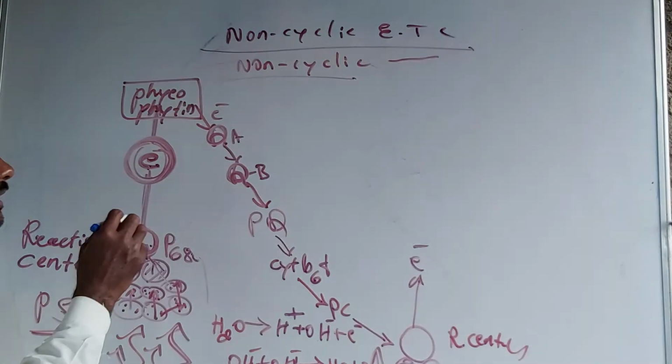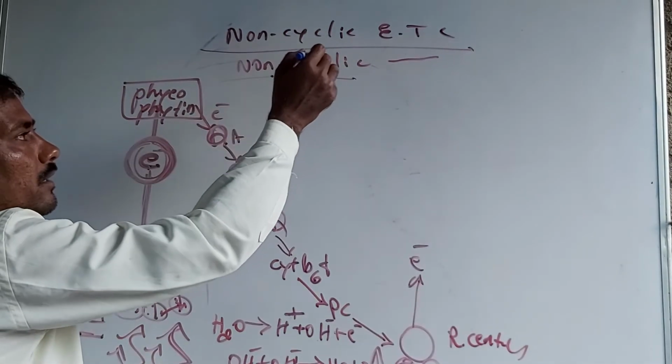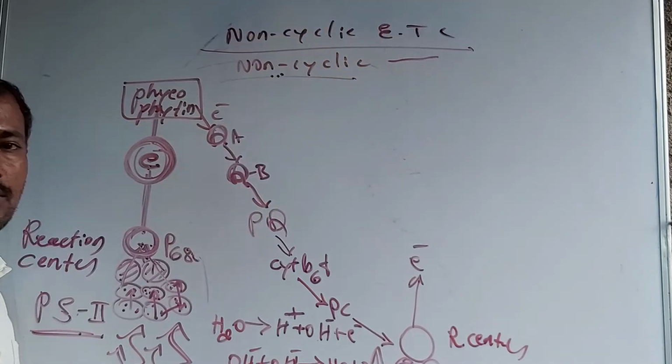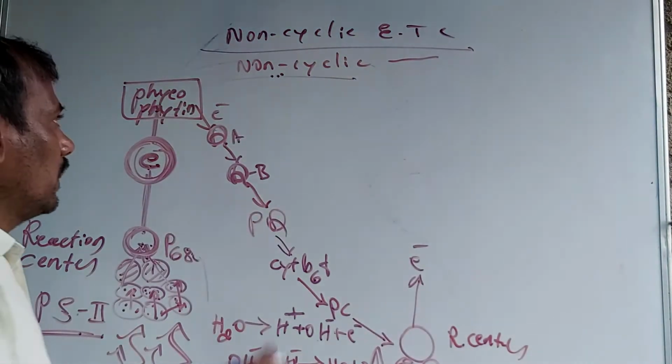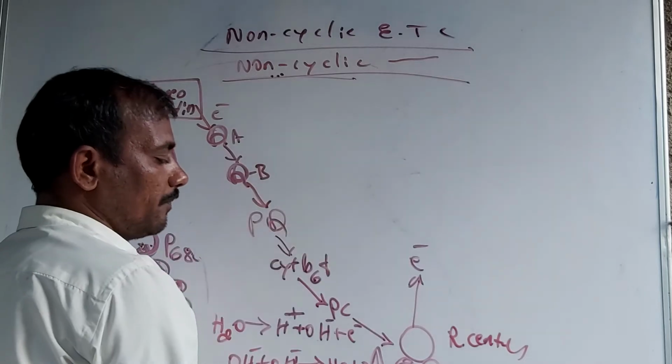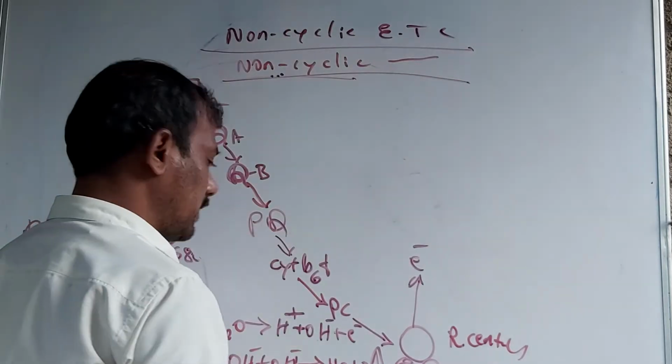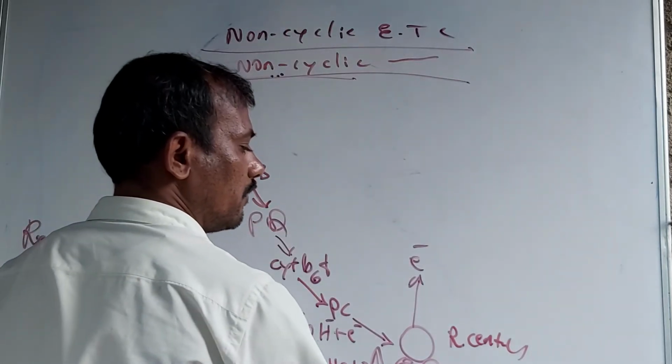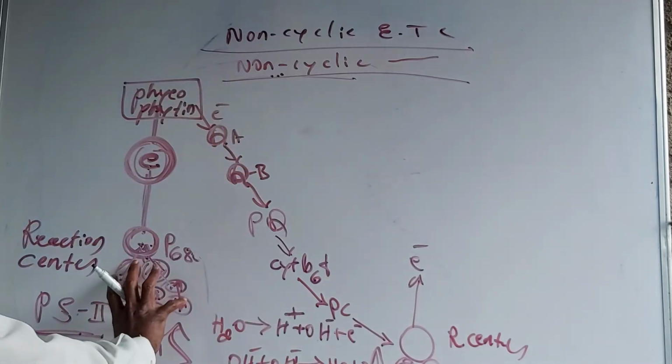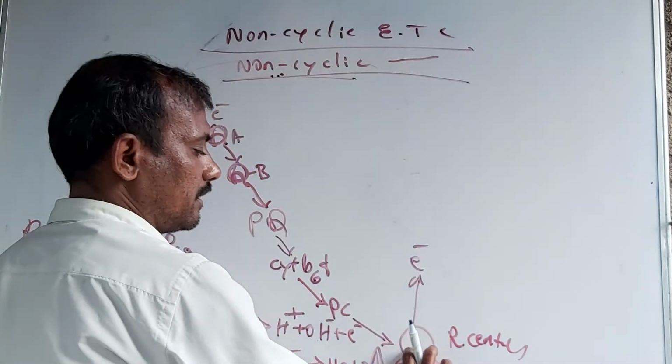Therefore it is termed non-cyclic photophosphorylation. In this, pigment system first is also involved. This is pigment system second, this is pigment system first.